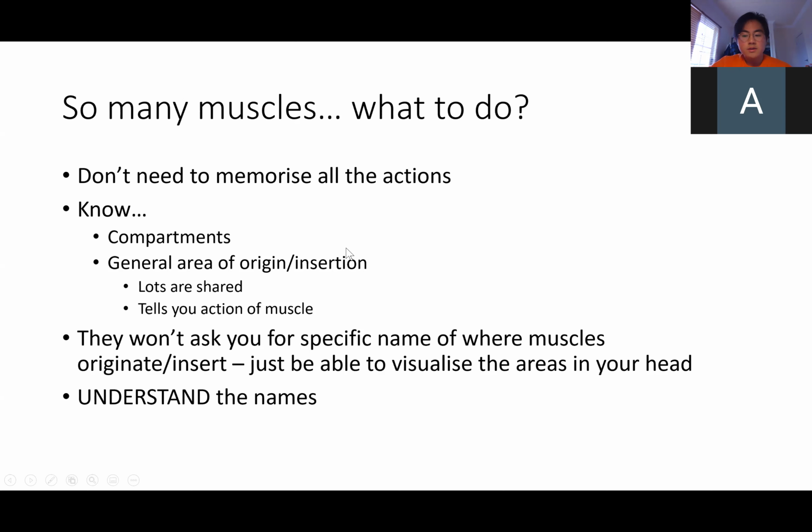Insertion you don't need to memorize, because it's pretty easy to tell what the insertion is just from the name. So for example, the flexor carpi ulnaris: carpi means wrist. So you flex the wrist on the ulnar side, so it's likely going to insert into your medial carpal bones.